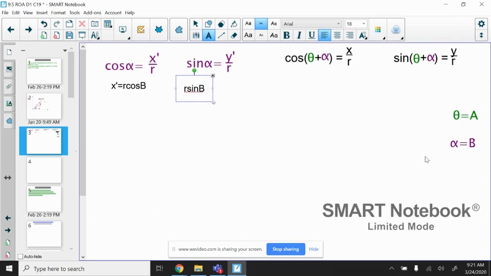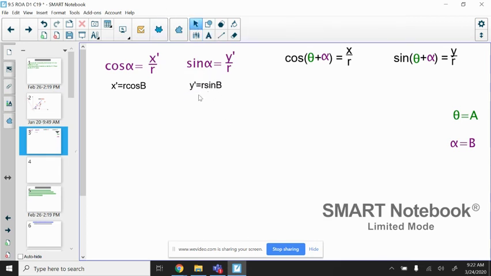I'm an old person. And this is equal to y prime. I now have the ability to calculate y prime and x prime as long as I figure out exactly how much angle B is, which means how much angle alpha is.